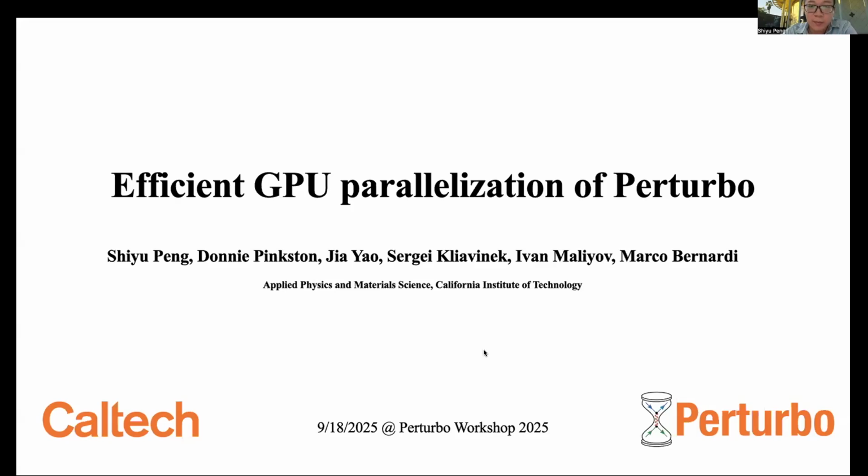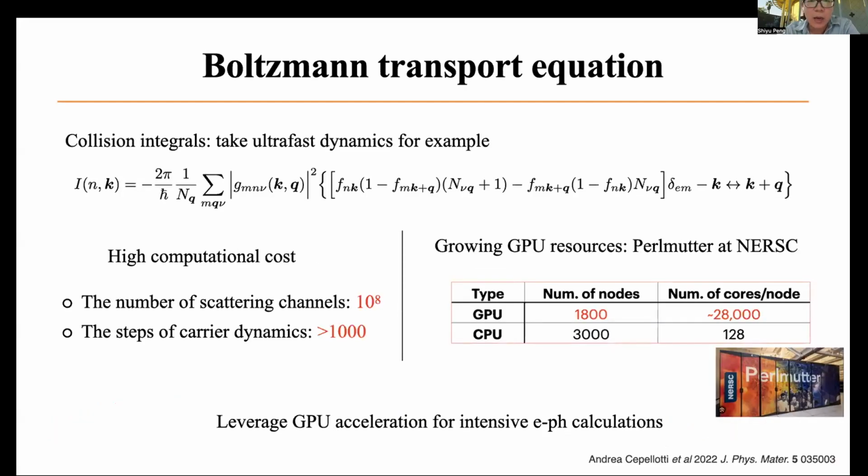Okay, let's get started. I will start with the Boltzmann transport equation. But actually, the GPU feature can support both transport and ultrafast dynamics, so here I will take the dynamics as an example. As we all know, the core part of the BTE approach is the collision integrals, which I show here.